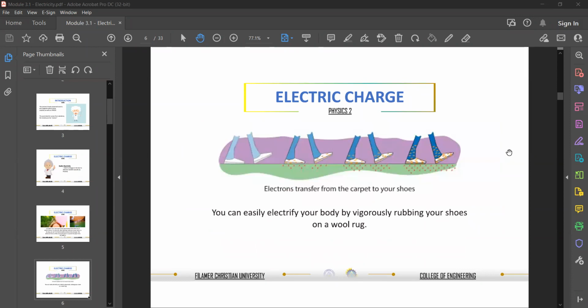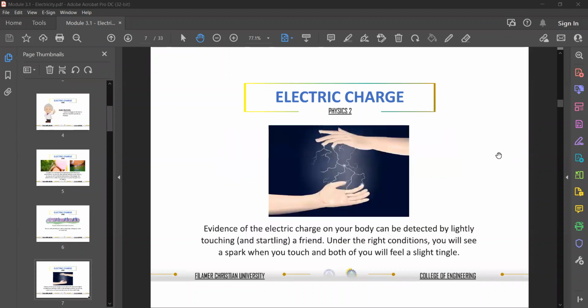And another example is when you electrify your body by vigorously rubbing your shoes on a wool rug. Let's say may carpet ka, then try nyo siya i-rub. Eventually your feet or your shoes have now gained electrons. The electrons transfer from the carpet to your shoes. And the charge on your body can be detected by lightly touching and startling a friend. Di ba?